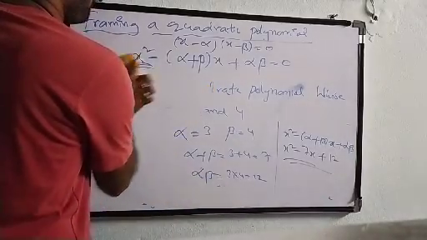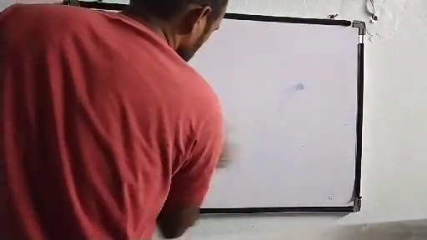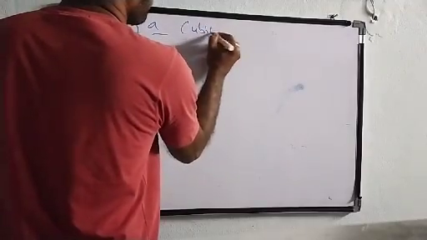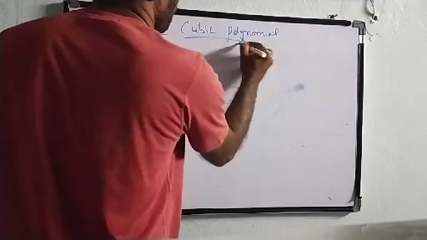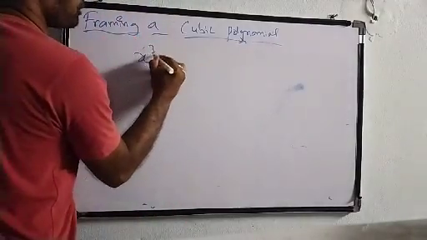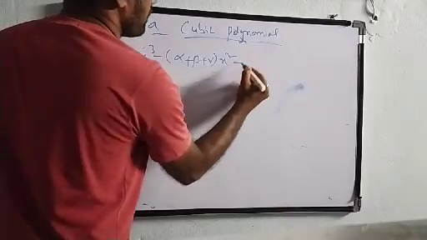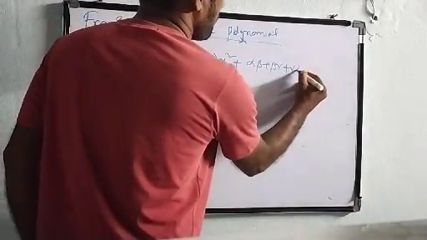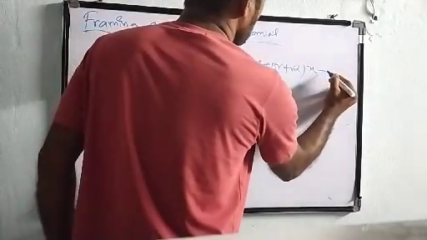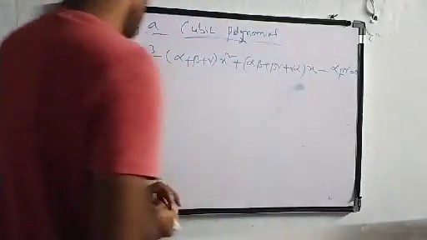Similarly, we have the framing of a cubic polynomial. So it's better to remember that. So the cubic polynomial will be x cube minus (alpha plus beta plus gamma) into x square plus (alpha beta plus beta gamma plus gamma alpha) into x minus alpha beta gamma equals 0.